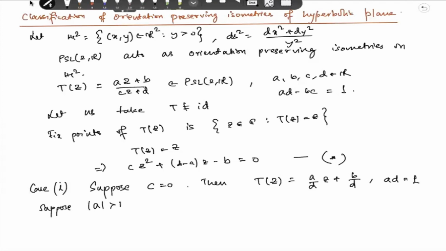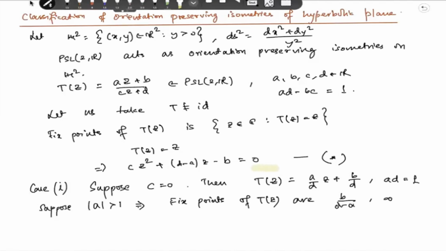This will imply that the fixed points of T(z) are b by (d minus a) and infinity. This is coming from this quadratic equation: b by (d minus a) will be a fixed point, putting c equal to 0 here.